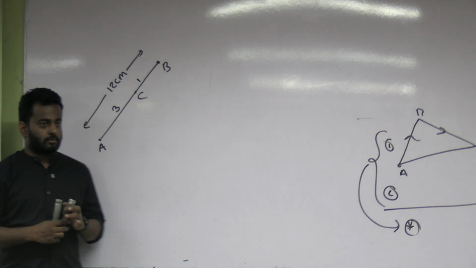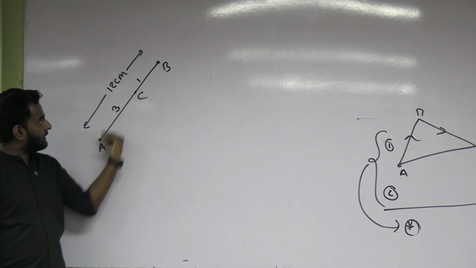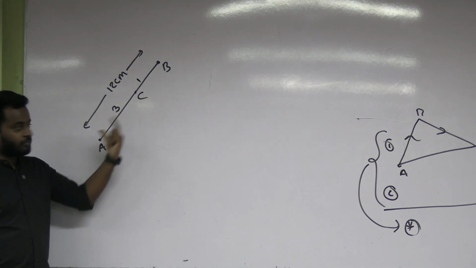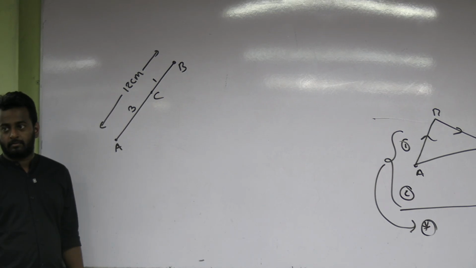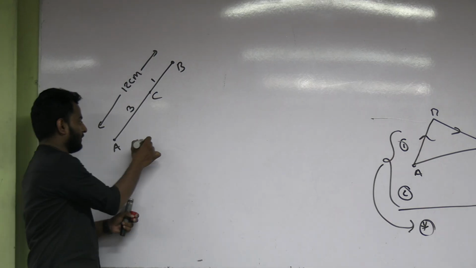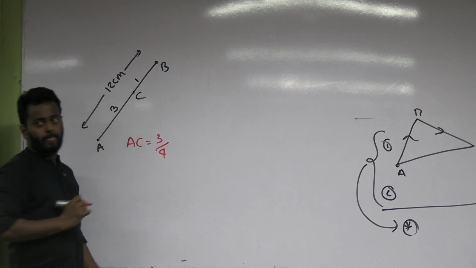Did you get the question? So the total length AB is 12 and the point C divides AB in the ratio 3:1, and I'm supposed to find AC. What is the length of AC? 3 divided by 4. So he says AC is equal to 3 divided by 4.